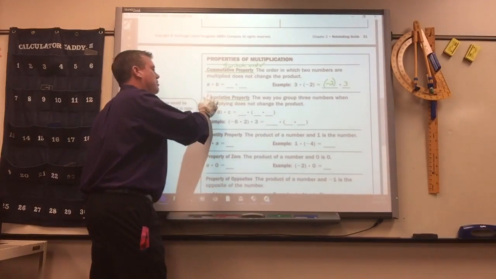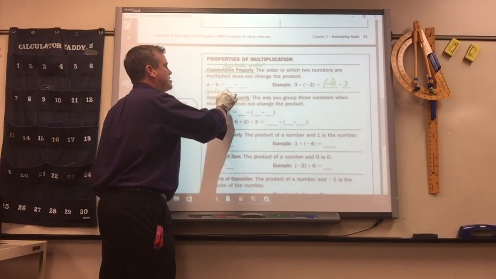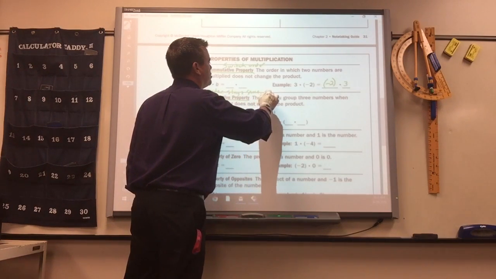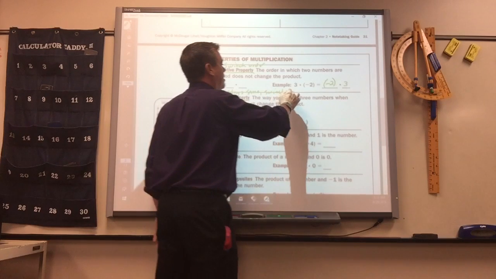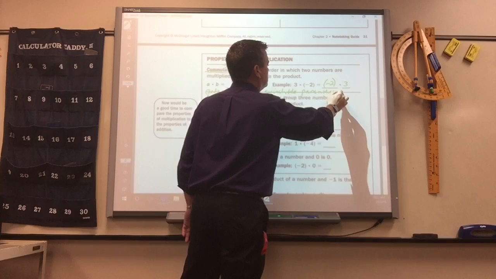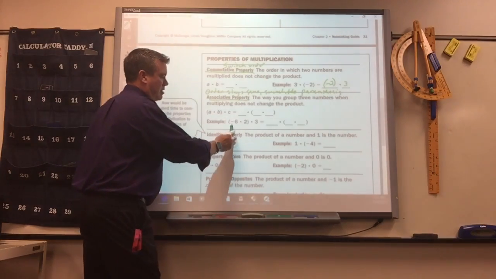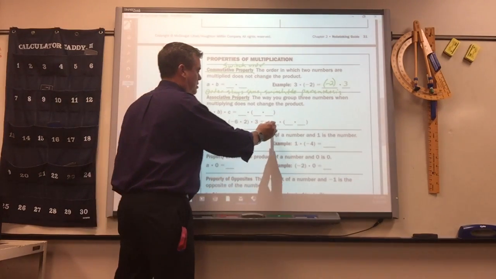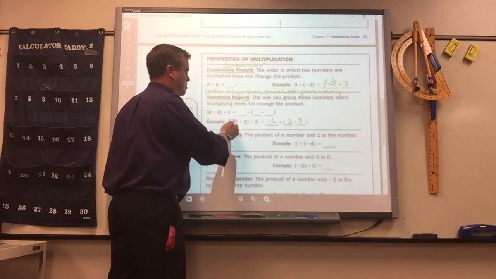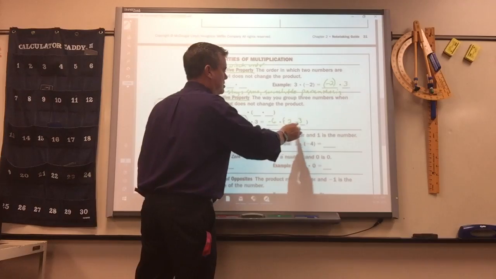Multiplication is associative, which means the order stays the same. You switch the parentheses. So if you've got this, you keep the order, negative 6, 2, 3, it's just the parentheses move from the first 2 to the second 2.